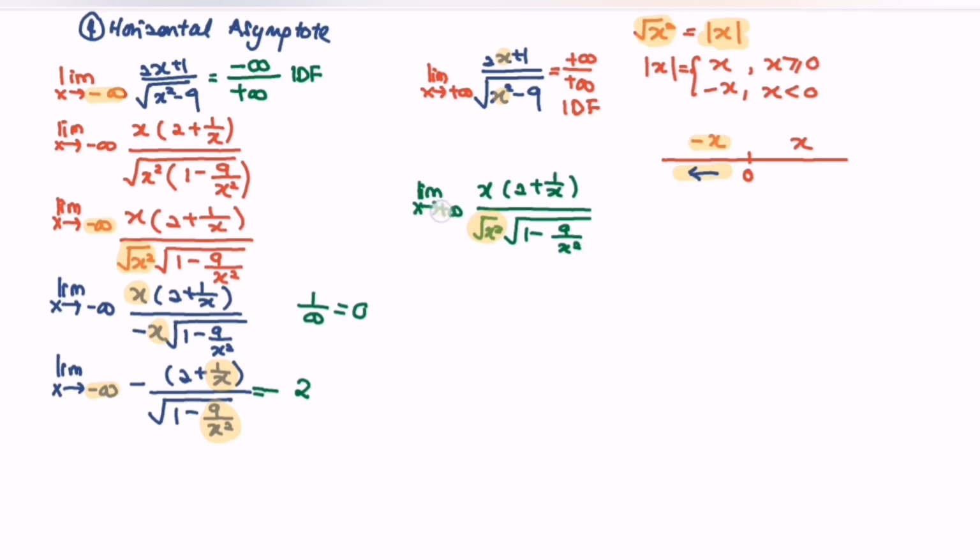We have a positive infinity, meaning that towards the right. So the function selected will be x for this case. So limit when x approaching positive infinity, we will have this situation, and kindly substitute x to replace the square root of x squared because we have a positive infinity.